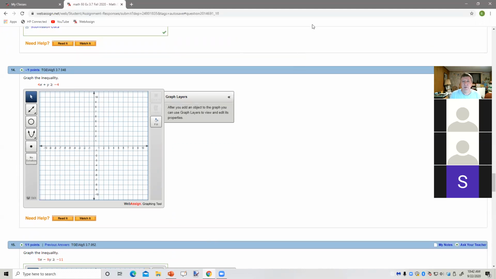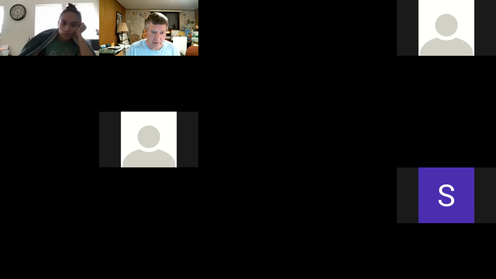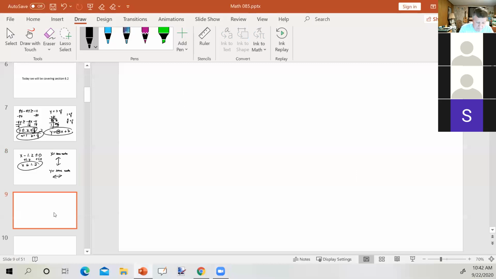Alrighty. So let's see here. I'm going to stop sharing that. Again, go back to this screen. And we've got 4x plus y greater than or equal to -4. Is it okay if I use the slope-intercept method, or do you want me to find ordered pairs?